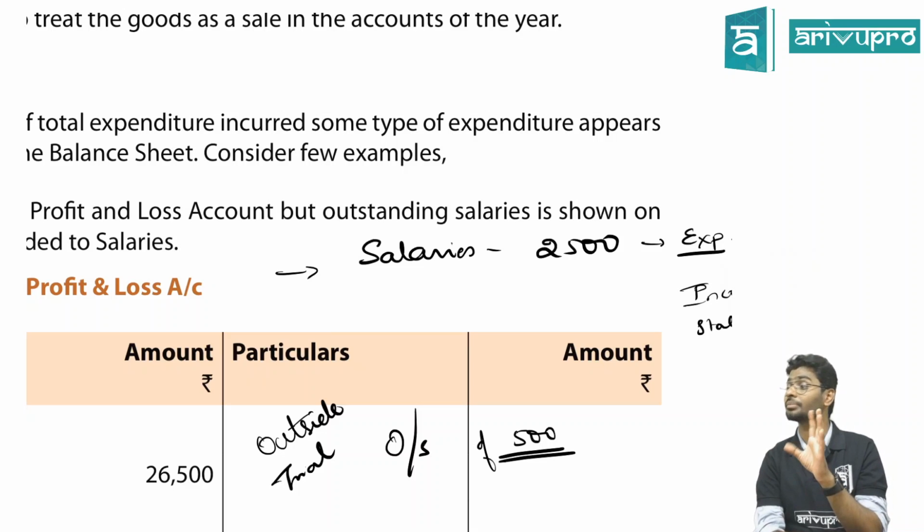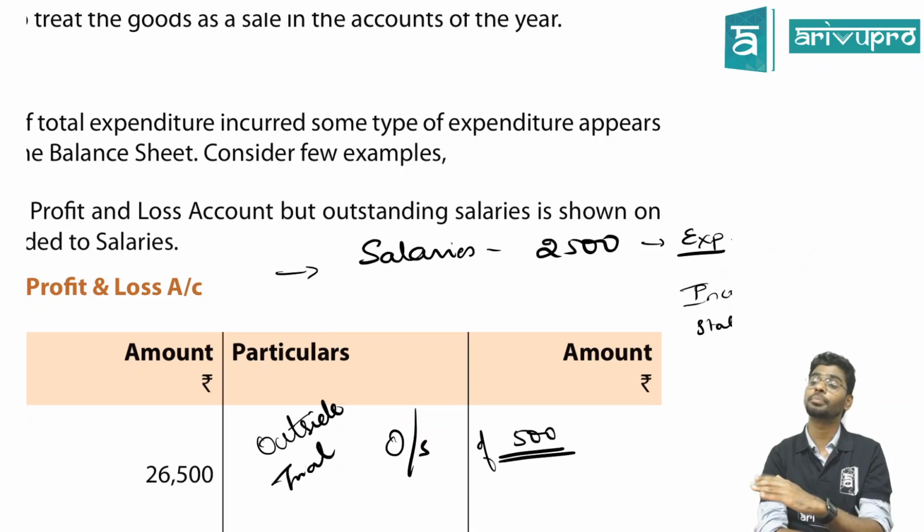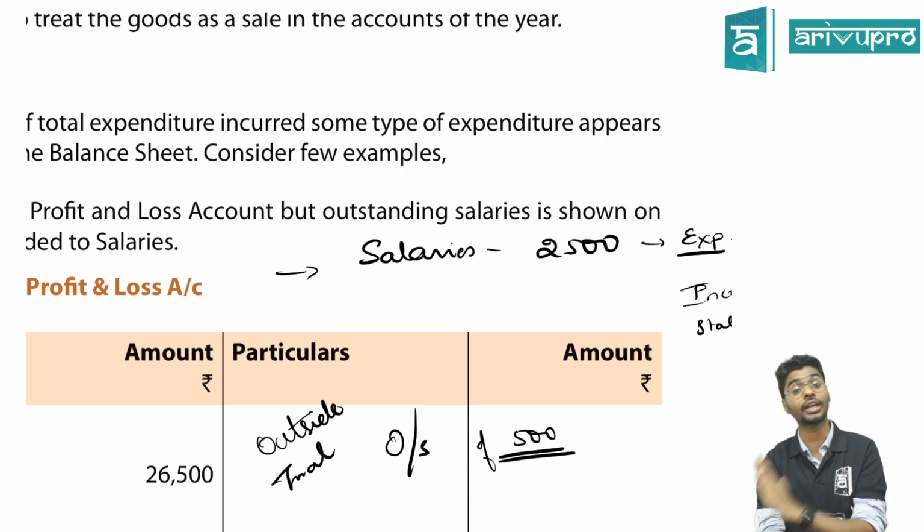What appears in my trial balance is basically the salary which has already been recorded. What appears outside the trial balance is the salary which is not yet recorded.